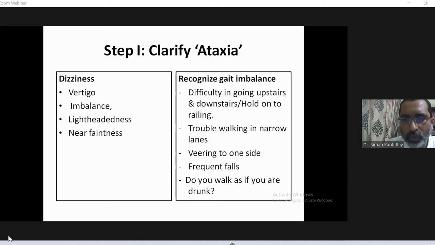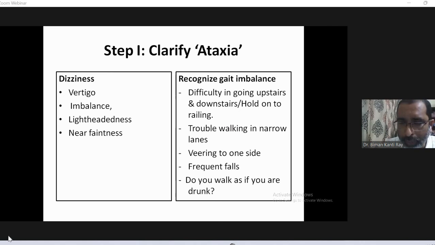Regarding vertigo, one part is very important. You always inquire whether there is a sense of rotation, be it rotation of the patient's head or rotation of the surroundings. It may be either. But always inquire this history, whether there is any sense of rotation.